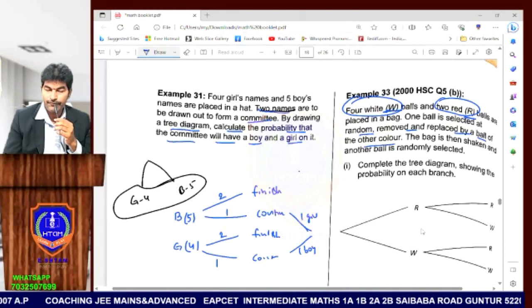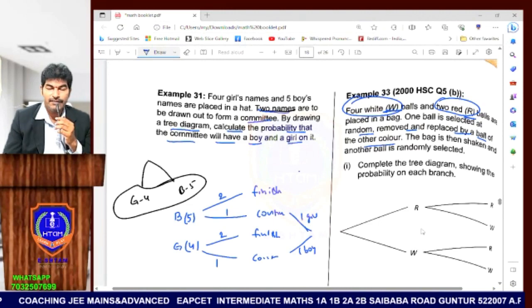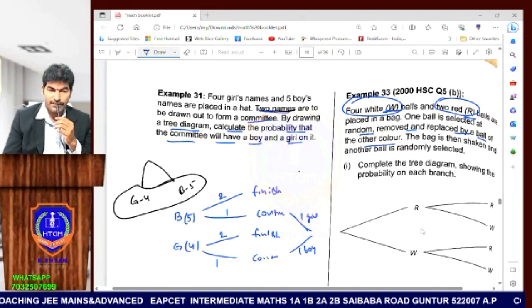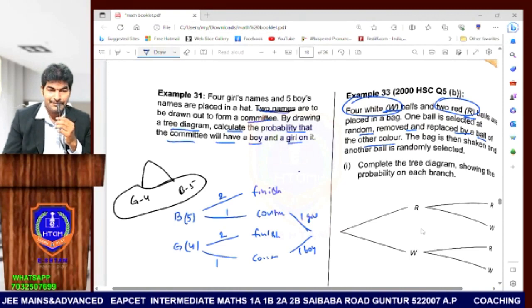If you pick up one white ball, then that white ball will be removed and one more red ball will be placed in its place. The bag is then shaken, that means moved up and down, and another ball is randomly selected. One more ball is selected from that bag. So complete the tree diagram showing probability on each branch.